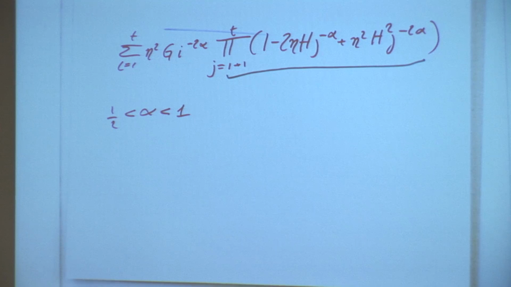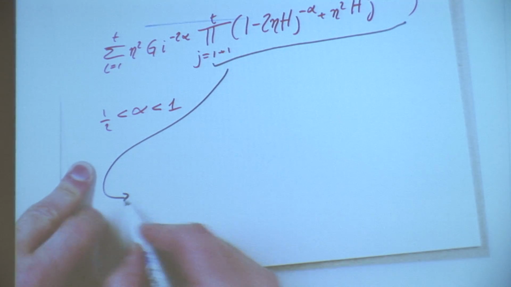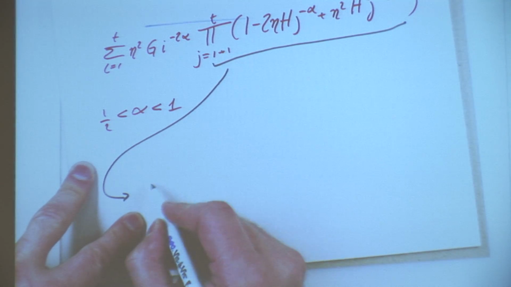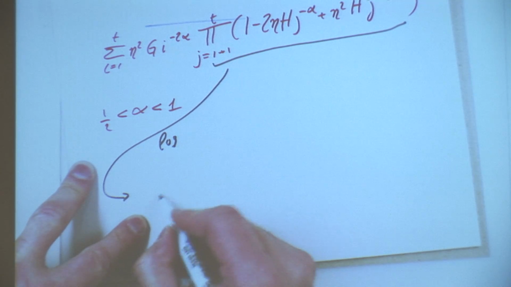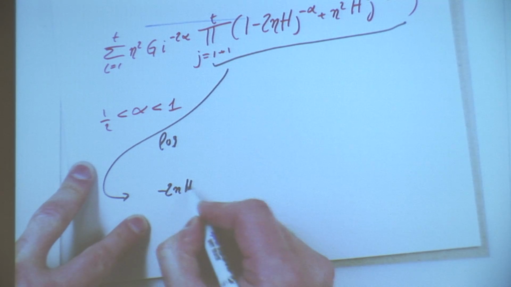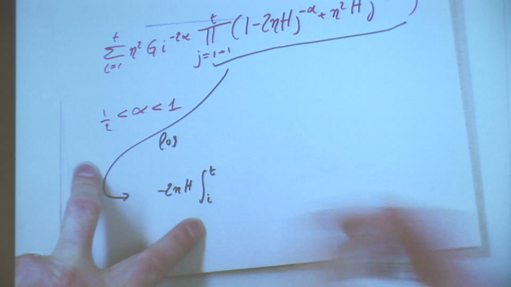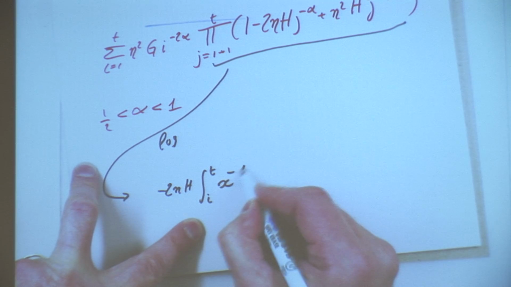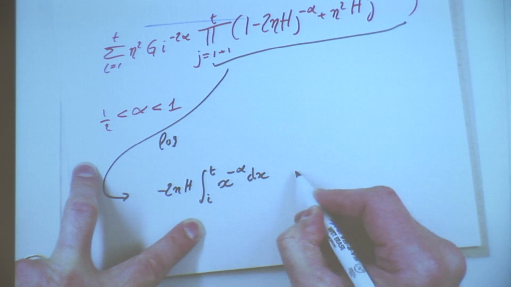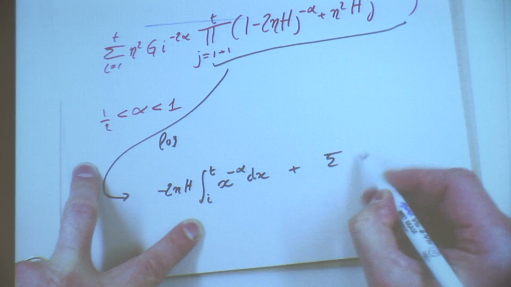So by using the same thing, I can say that its log is something like minus 2 eta h sum from i to t of x to the minus alpha dx, plus, actually I'm going to leave this like this.